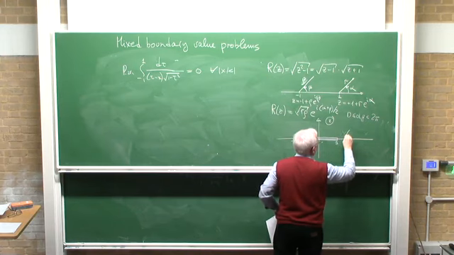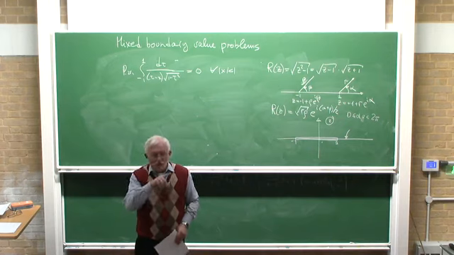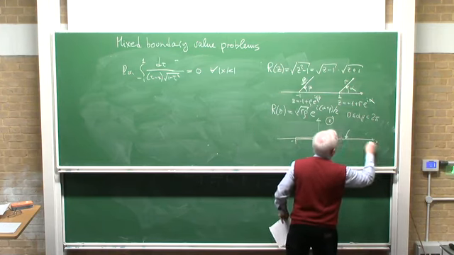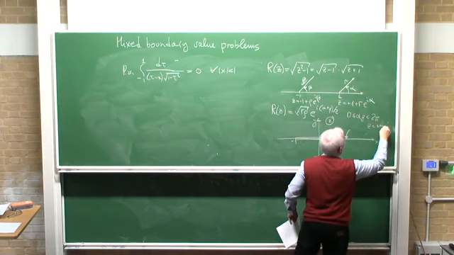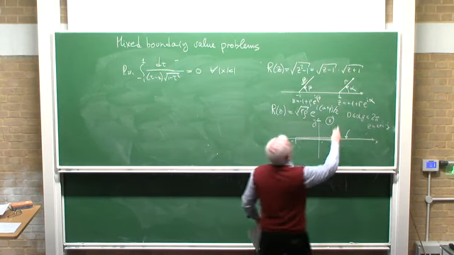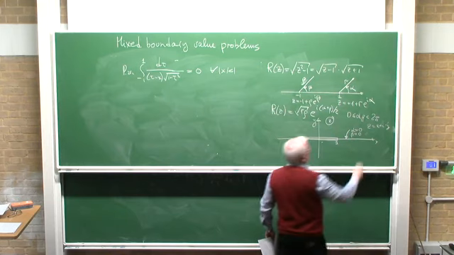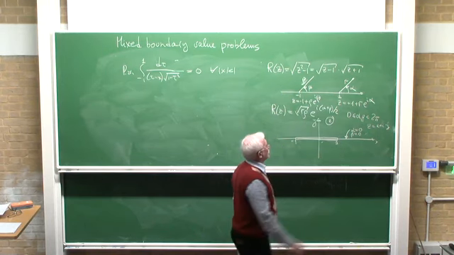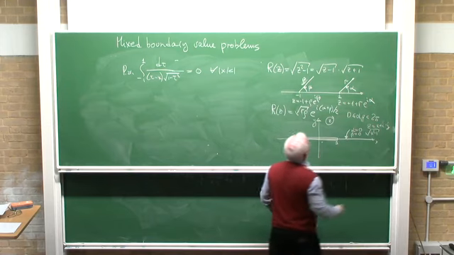First we calculate the value of this function over here on the real axis, where x is greater than 1. For x greater than 1, we look over here: alpha equal to 0, beta equal to 0, right? So we substitute 0, 0, all together it's 1. And it gives the square root of x squared minus 1.